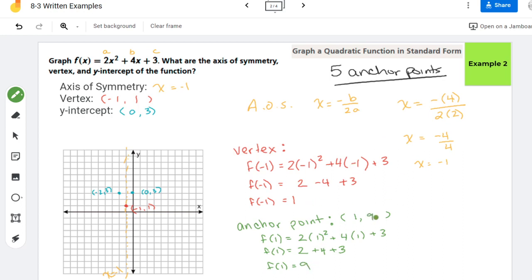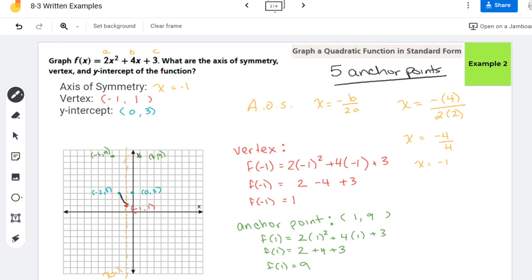My anchor point is at 1, 9, which is right up here. Then I can reflect it across to get my second value, which is at negative 3, 9. Now I have my 5 anchor points, and I can draw my parabola in there.